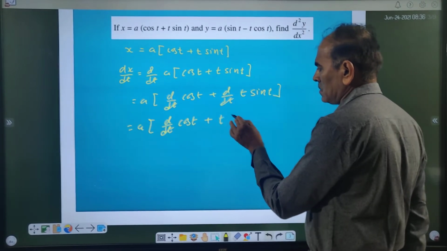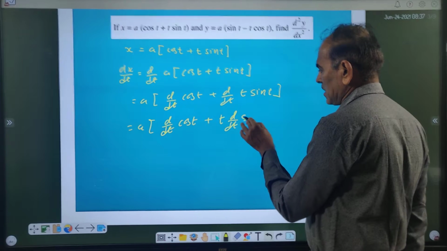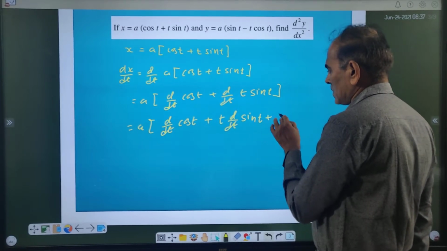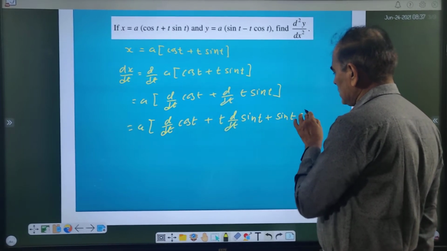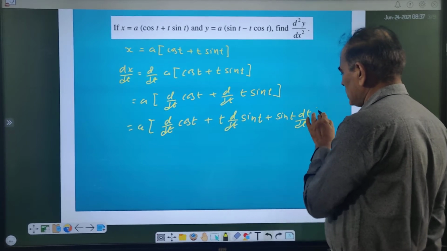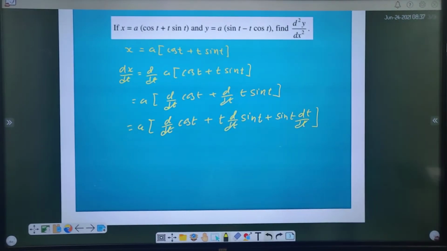Apply the product rule to t sin t: t as it is, d by dt of sin t, plus sin t as it is, d by dt of t. Agree with me? Yes.